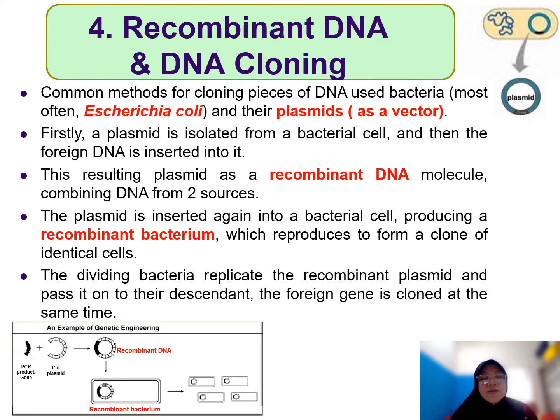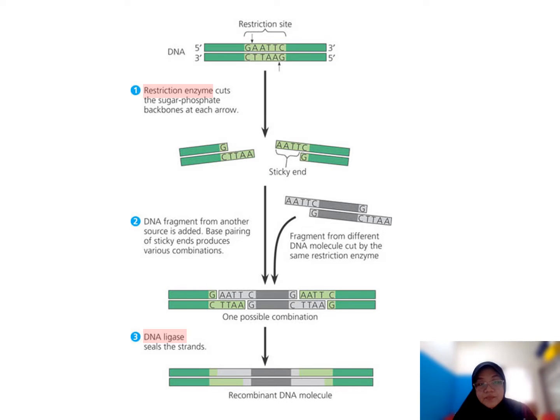The plasmid will then be inserted into a host to produce clones of identical cells. The dividing bacteria will replicate the recombinant plasmid and pass it to their descendants, so the foreign gene is cloned at the same time.